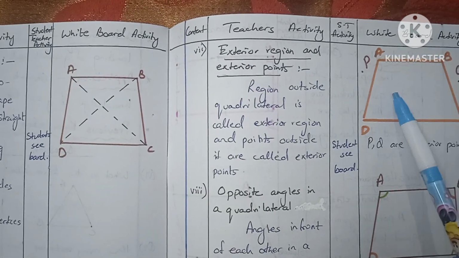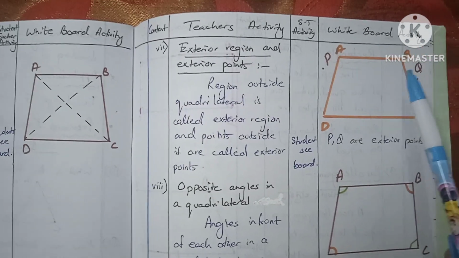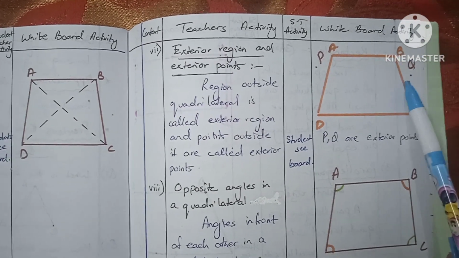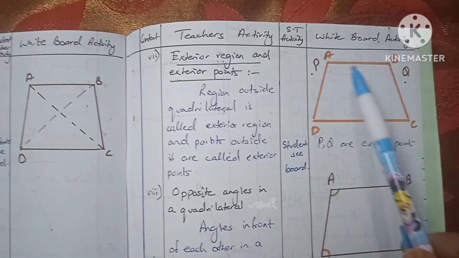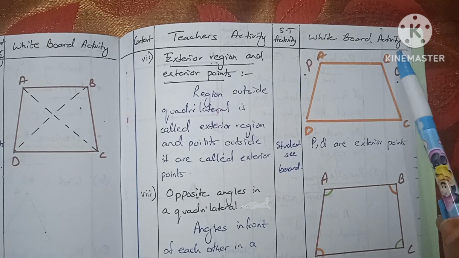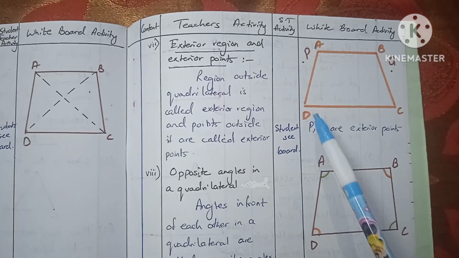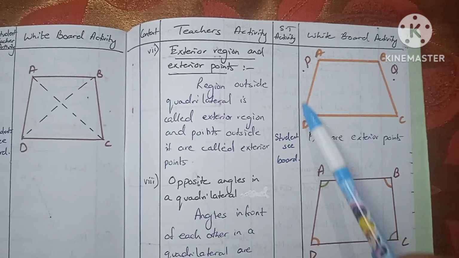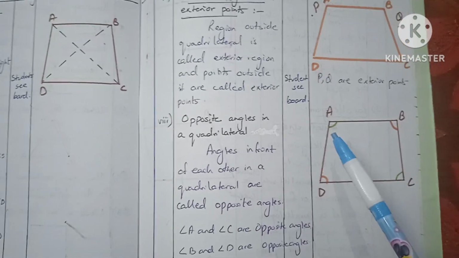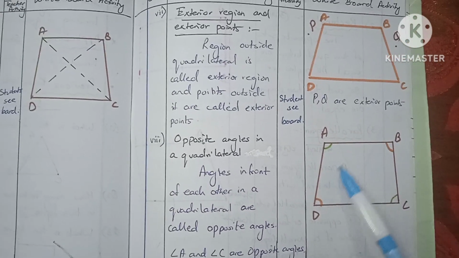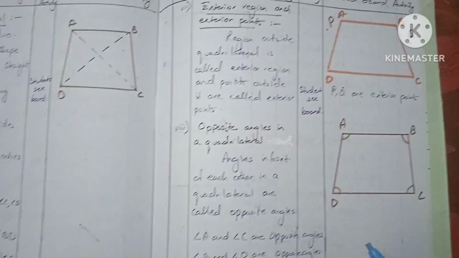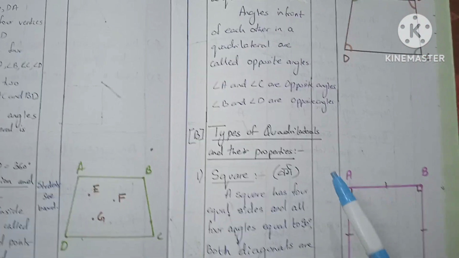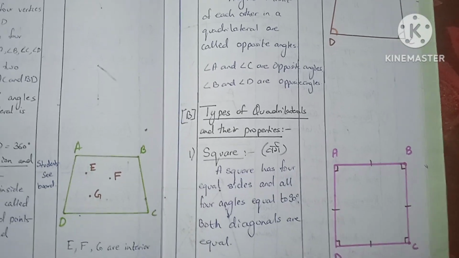After that, the teacher explains the exterior region: points outside the quadrilateral, like P and Q, are called exterior points, and the region outside the quadrilateral ABCD is the exterior region. These are now opposite angles of the quadrilateral, which are facing each other. So now the next topic which the teacher covers is the types of quadrilaterals.